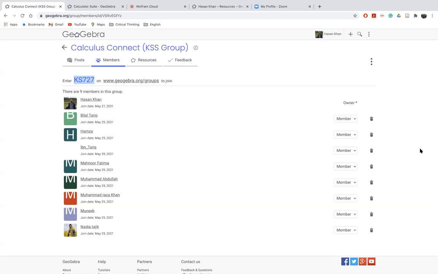In the next session, we are going to study mainly the derivative. We will start from limit and then we will do the derivative. The next session is going to be a bit more technical and more structured. So please be well prepared. And after having this activity on the GeoGebra group, you will be more confident using GeoGebra, so we will be able to use the power of GeoGebra in a better way.